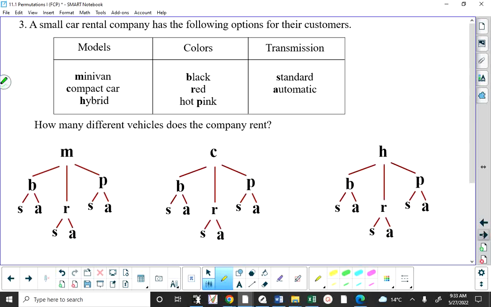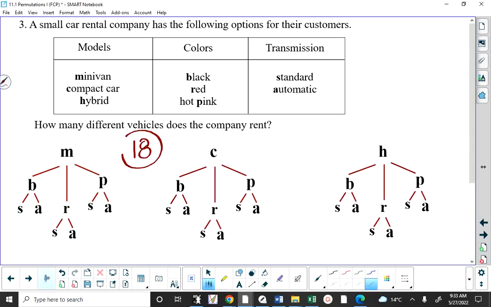I'm not going to highlight all of them, but here is one option. Here is another option. Here is a third option. Here is a fourth option. Fifth, sixth. There's 6 there, 6 here, 6 there. It's 18. The answer to this question is 18.